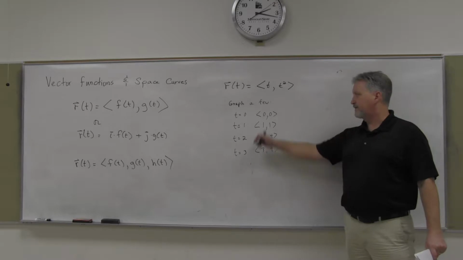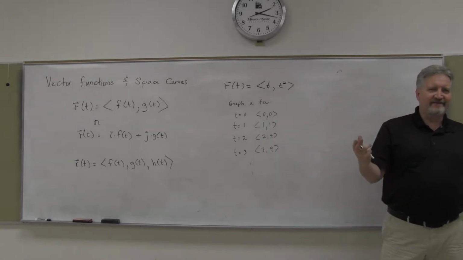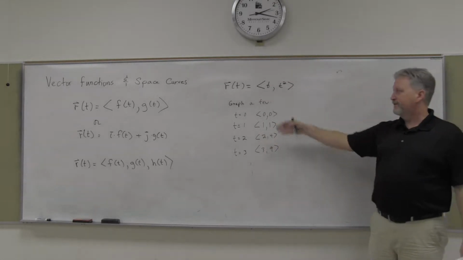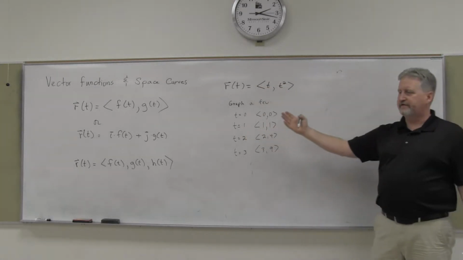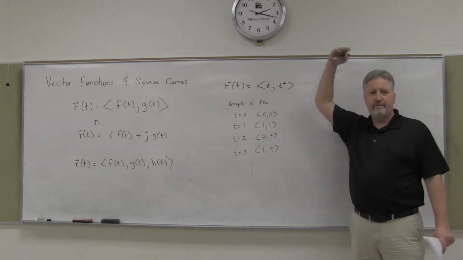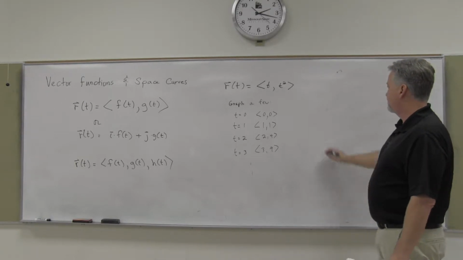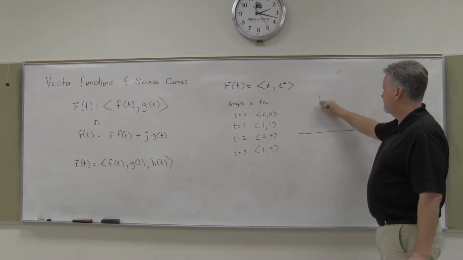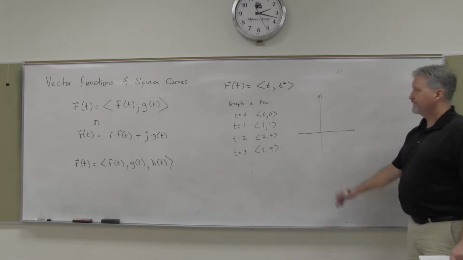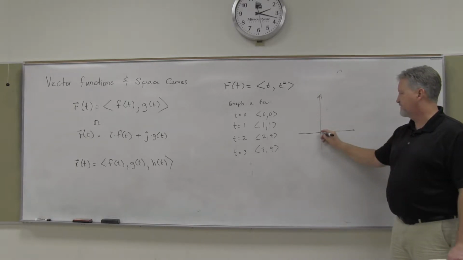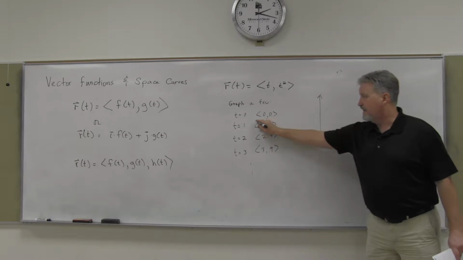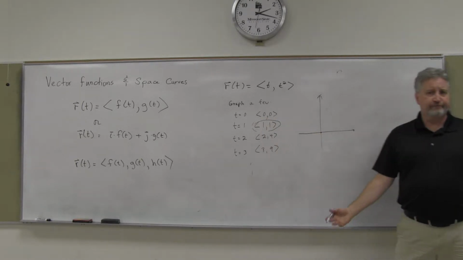And on we could go. You might think of t as time, but we're not limited to positives or negatives here, unless it tells us, so we could go backwards to t equals -1, and so forth. If we graph each of those, 0, 0 is not really a vector, but each one of these is just a position vector.